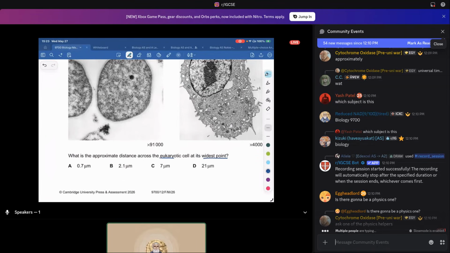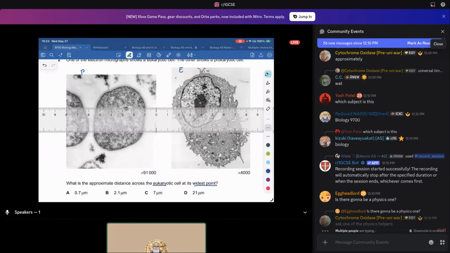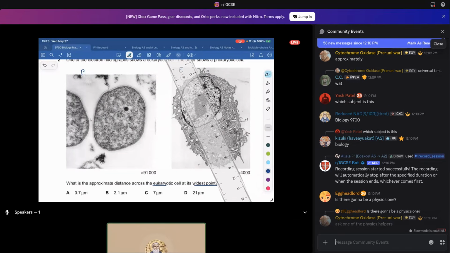What is the approximate distance across the eukaryotic cell at its widest point? This is another calculation question. You're going to get your ruler. The widest point would be from here to here. That's about 80 millimeters, so that's 83 millimeters. Now we know that actual equals image over magnification. So 83 millimeters.